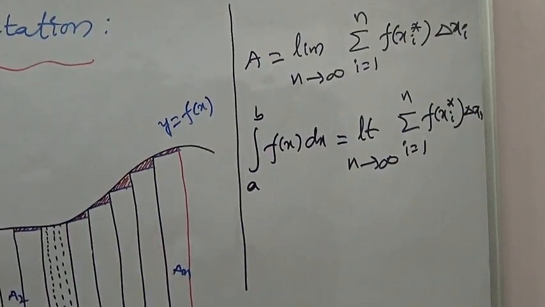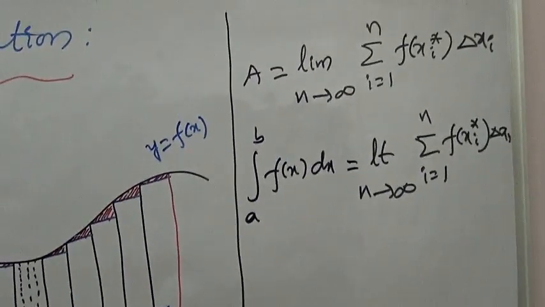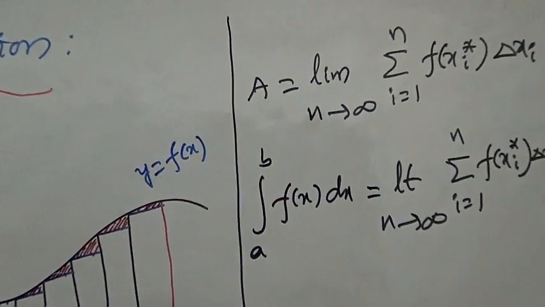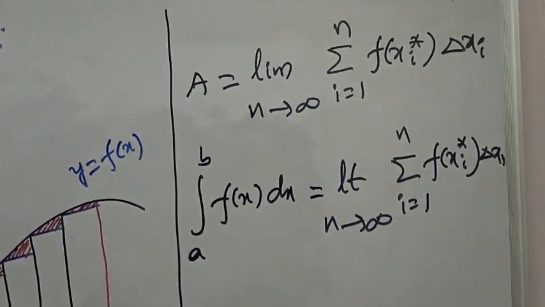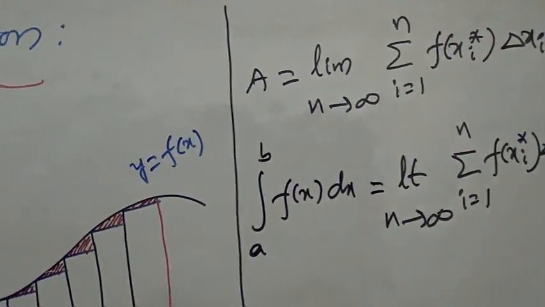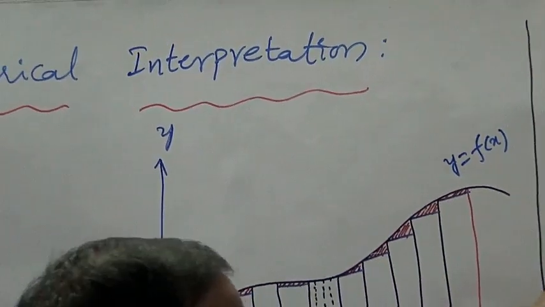So this is the meaning of the definite integration. Here delta x is the length of the partition, that is, the width of the rectangle. Fine? Okay.